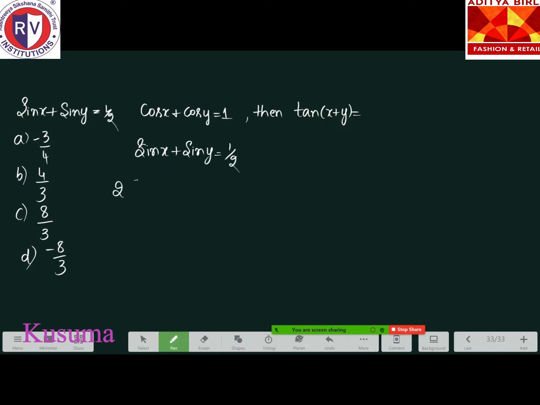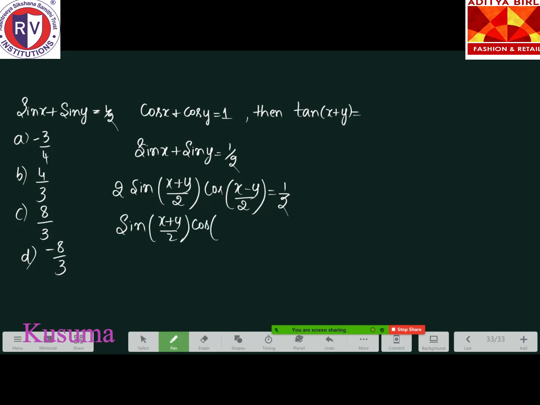So this is 2 sin of x plus y by 2 into cos of x minus y by 2, which is equal to 1 by 2, or sin of x plus y by 2 cos of x minus y by 2 will be equal to 1 by 4. Let this be equation number 1.